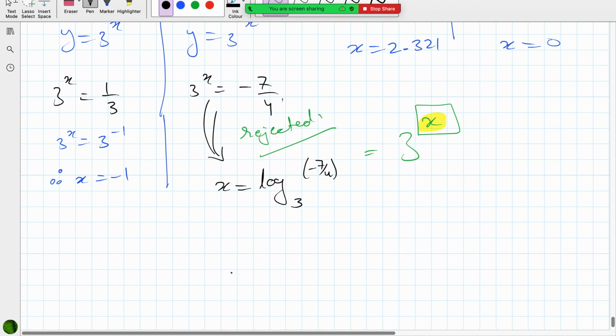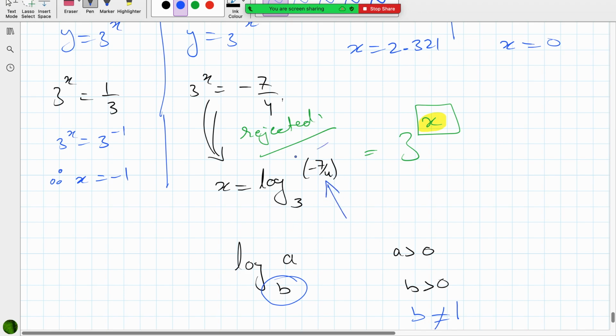And do you remember, we discussed when we write log a b, we said a is greater than 0, b is greater than 0. That means both of them are always positive. Secondly, the base cannot be equal to 1. So this is actually negative, that is why it is rejected.